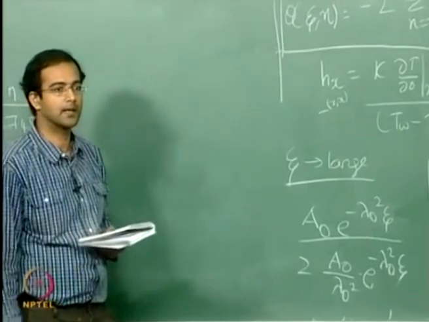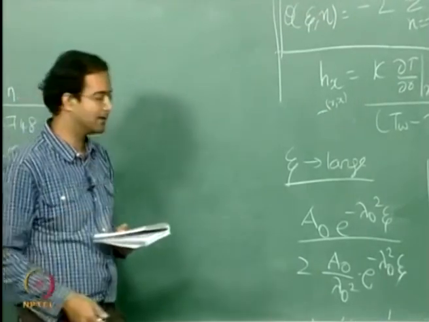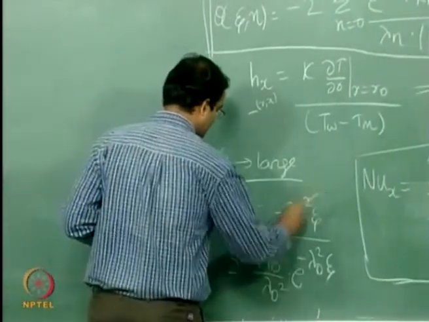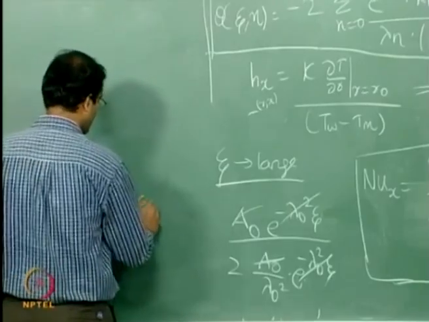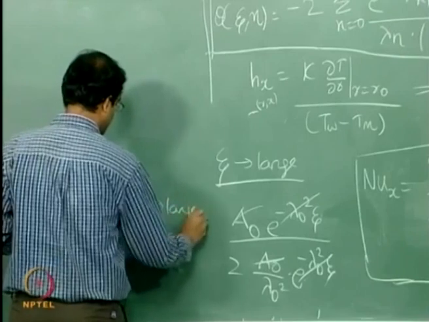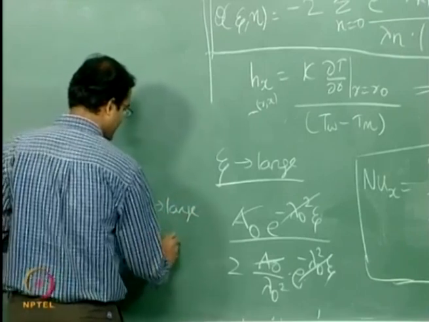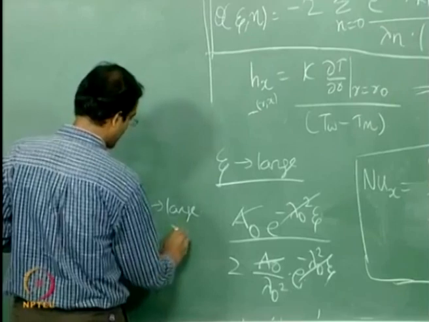I am retaining only the first term and neglecting all the higher terms, so these cancel out, and your Nusselt number corresponding to large values of zeta will be nothing but 2 lambda naught square divided by 2.